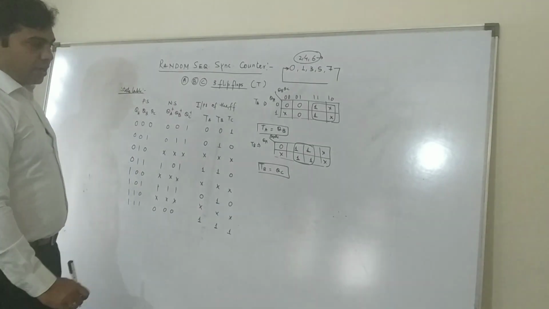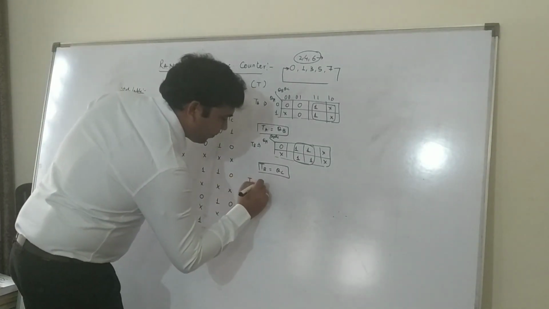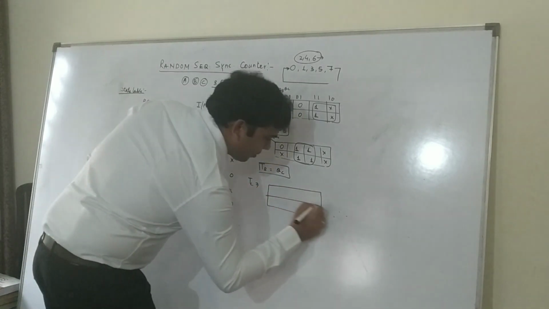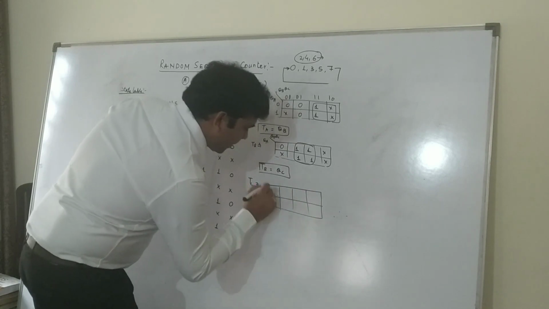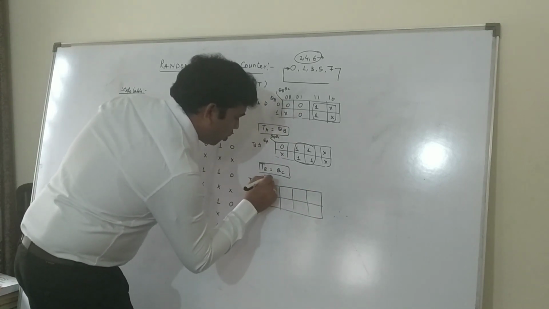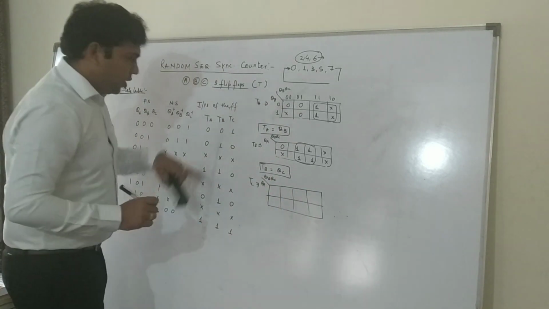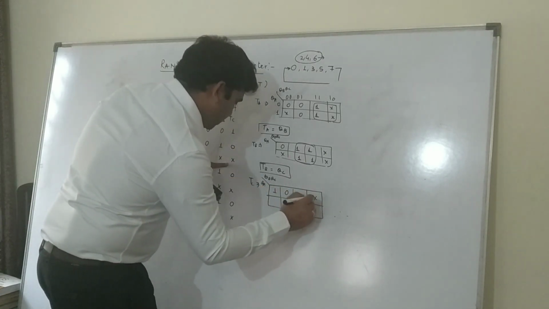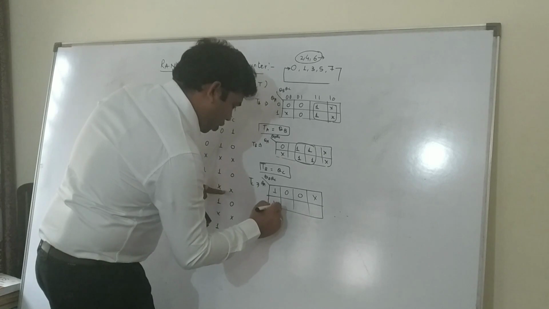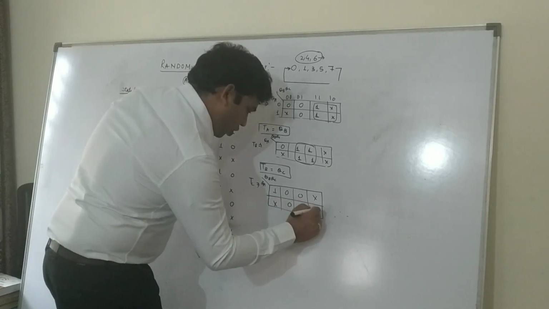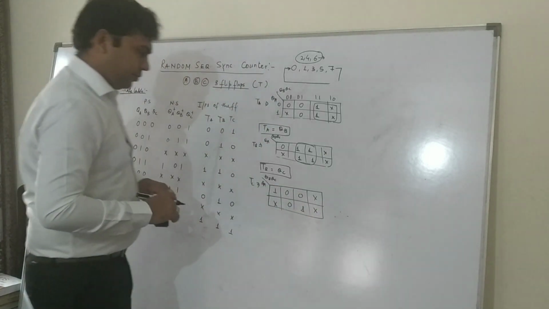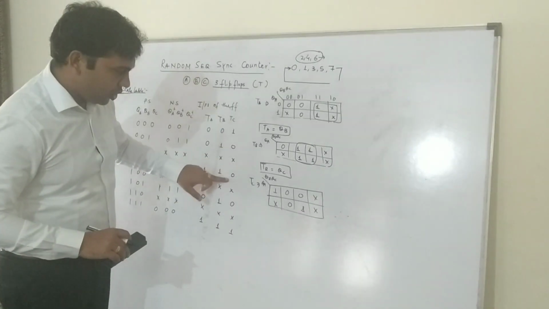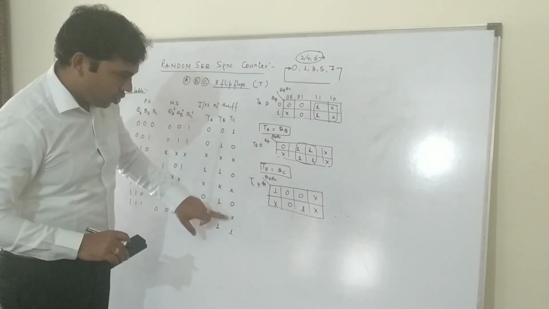Okay. Now TC. You can again draw the K-map. So this is QA, QB QC. So 1, 0, cross, 0, cross, 0, cross, 1.